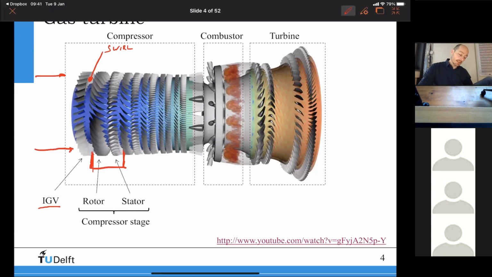Let's say the IGV doesn't create a swirl, then you have a purely axial flow direction at the inlet of the first stage. After you leave the rotor of the compressor stage, you will have created some angular velocity, or tangential velocity.